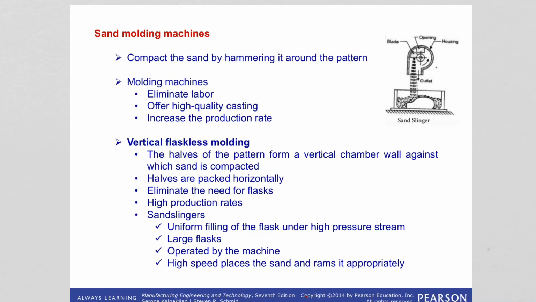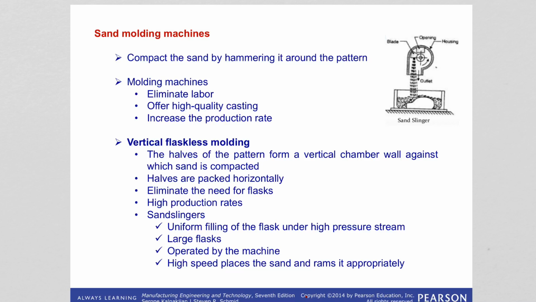So what is vertical flaskless molding? In this case, as the name implies, it's flaskless. The halves of the pattern form a vertical chamber wall against which sand is compacted. Halves are packed horizontally, and this eliminates the need for flask.